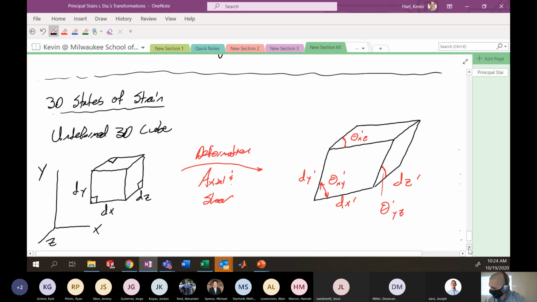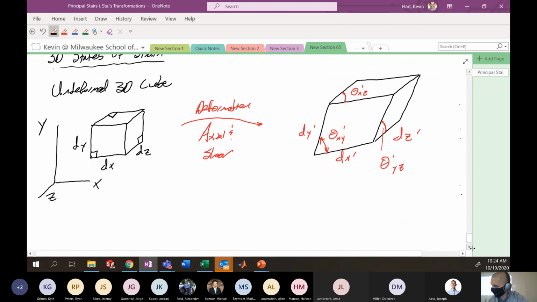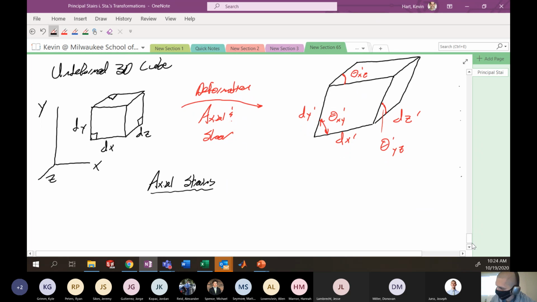Okay, so let's kind of consider or recall our definitions of the strain to sort of come up with like axial and shear strain here in all three of our principal directions. Okay, so axial strains are going to be something like epsilon x is the change in length over the original length, which we kind of wrote before as something like this. So the change in length over the original length.